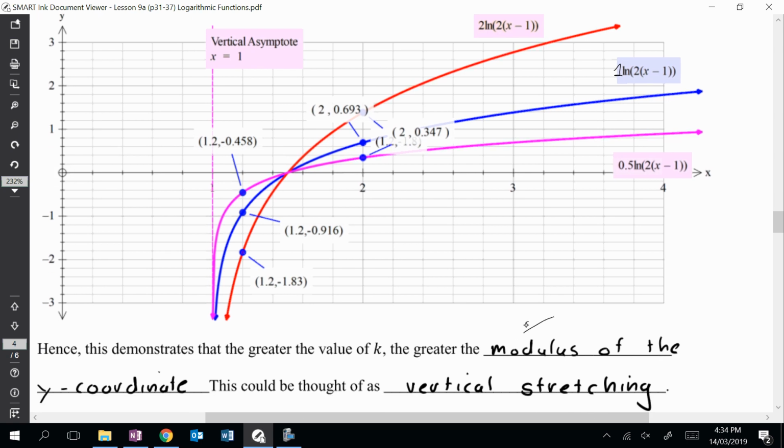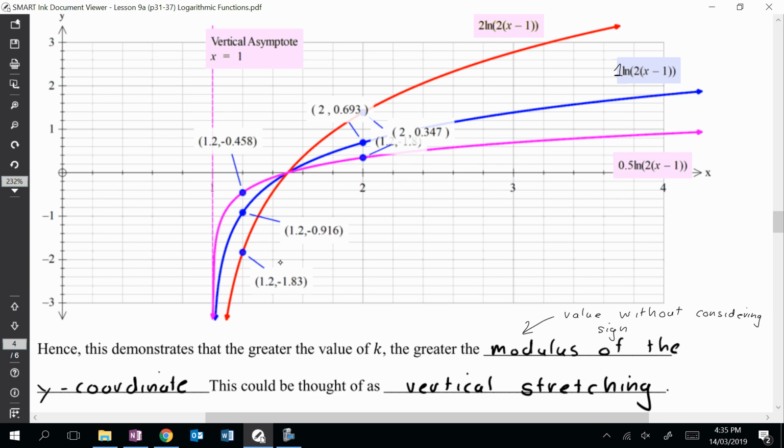So modulus is the value without considering the sign. So, in other words, this can be really thought of as vertical stretching.